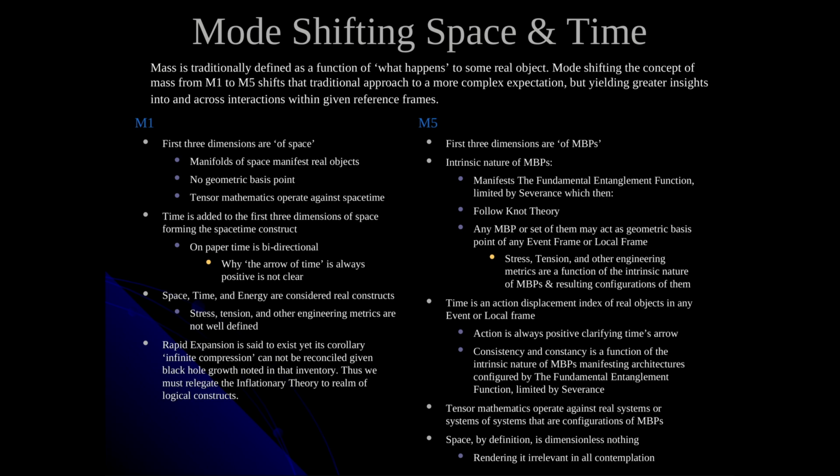And on paper, at least in that context, time is bidirectional. It can go forward or backward. But then because we always hold the unified universe as litmus, we then are required to explain why what we experience is always positive. And we can't do that under M1 because it appears, at least on paper, that we ought to be able to do things backwards.